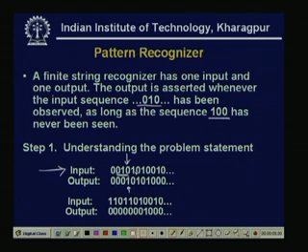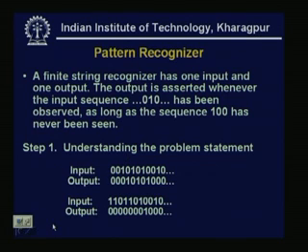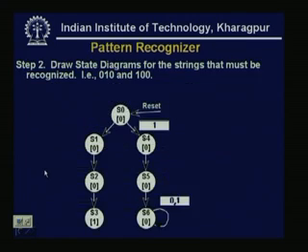Again the input is 1, so 1 0 1, output is 0; 1 0 has arrived, again 0 1 0 is identified, so the output is 1. In this way it will proceed. So, this is how we understand the problem statement.